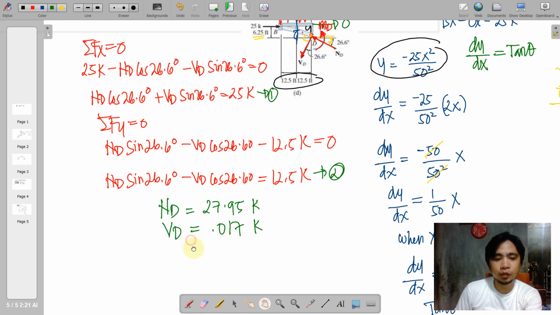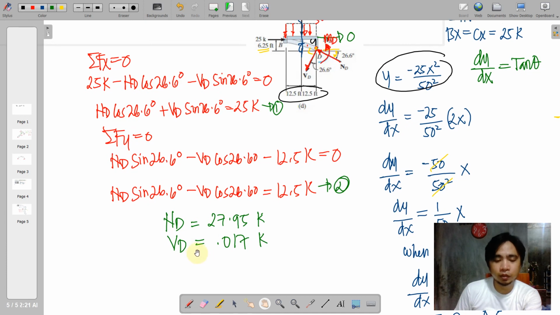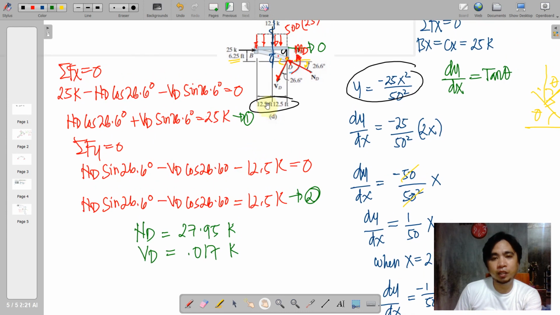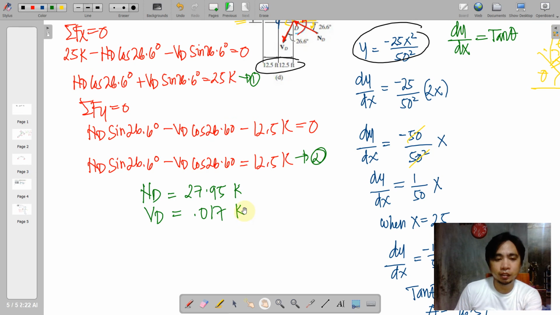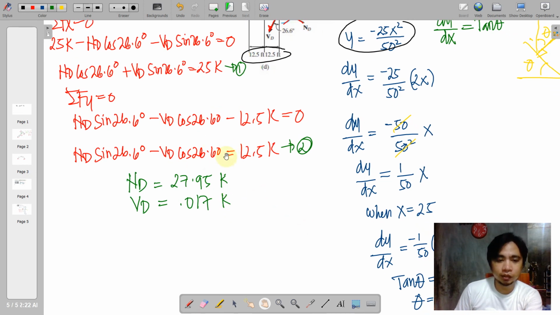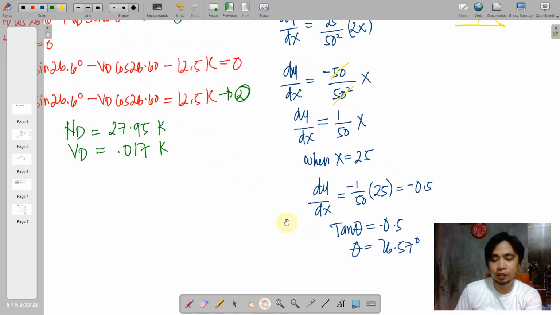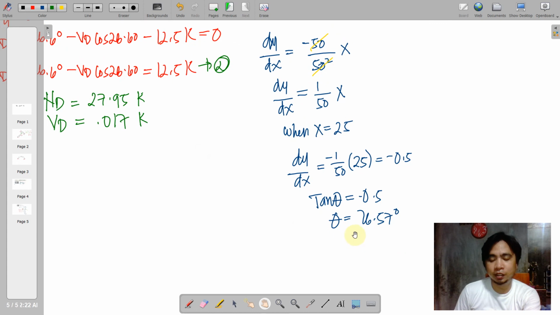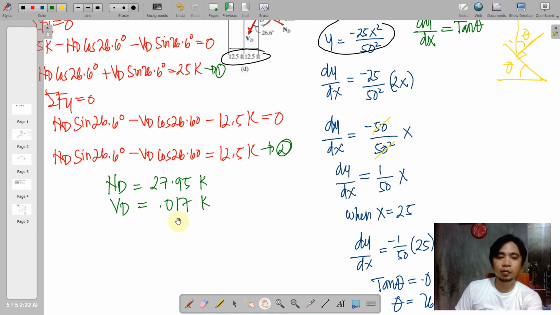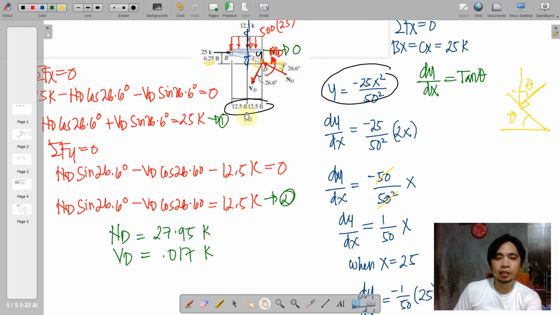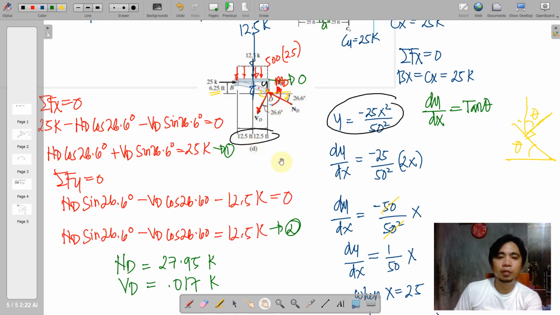So as we have the result, we have just proven that we have an almost 0 shear here. So actually this could be rounded to 0 because this cosine 26.6 here was just rounded, and actually the original value is 26.57. So anyway, these are the results, and now we are going to take moments at D in order to solve the couple at D.